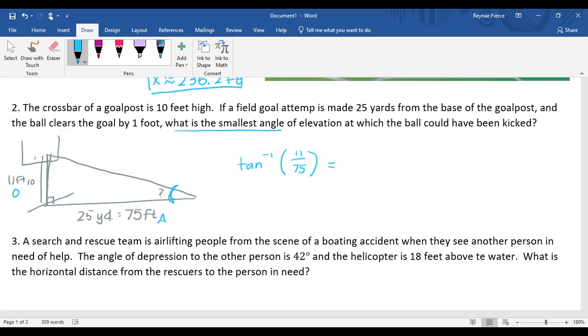And again, we don't want to use 25 because that's in yards. We want to use 75 because that's in feet. We want our units to match. That means we need to kick the ball at about 8.3 degrees.